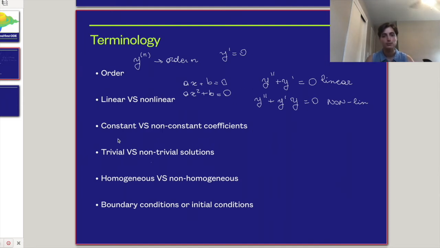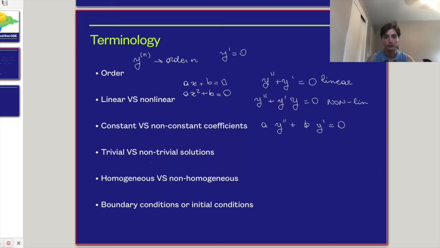Then there is a difference between constant and non-constant coefficients. This is fairly straightforward. If you have a y second plus b y prime equal to 0, a and b are your coefficients, and in this case they're just values.